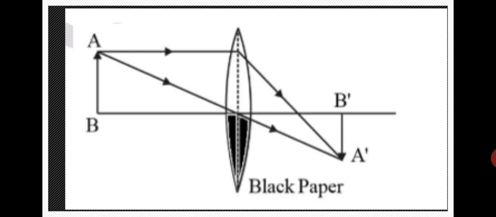So here also we get the complete image, full length of the image of the object. So we understand that even if half of the lens is covered with a black paper, you can obtain the complete image. Only thing is, the intensity of light will be reduced, so the brightness will be reduced.